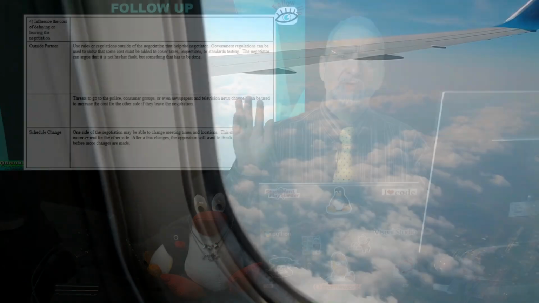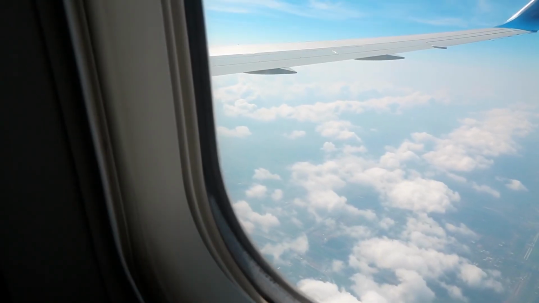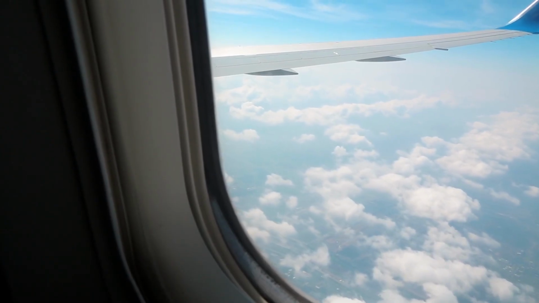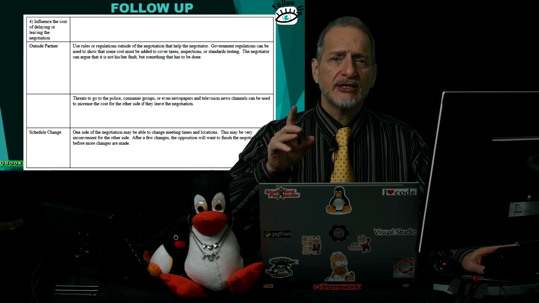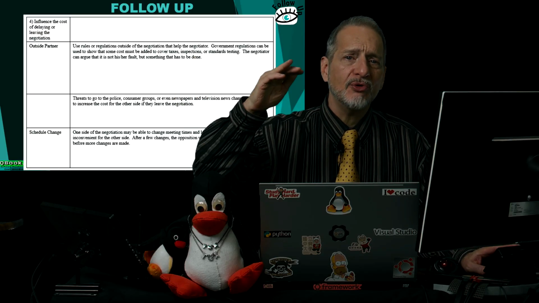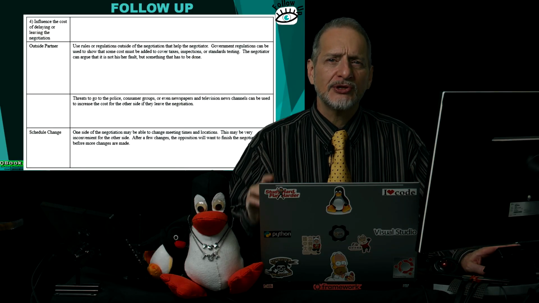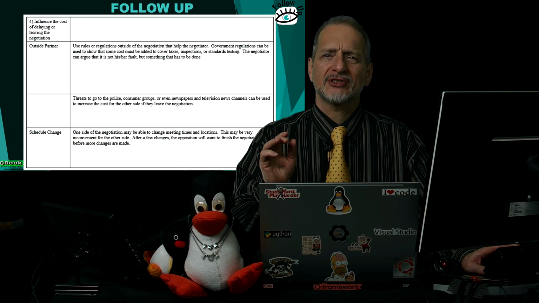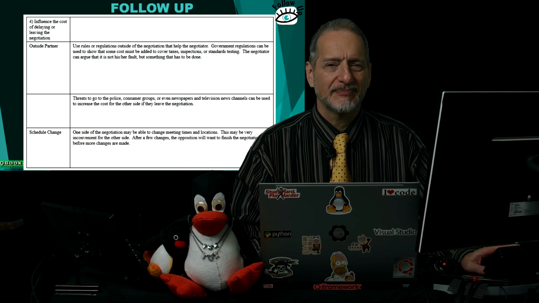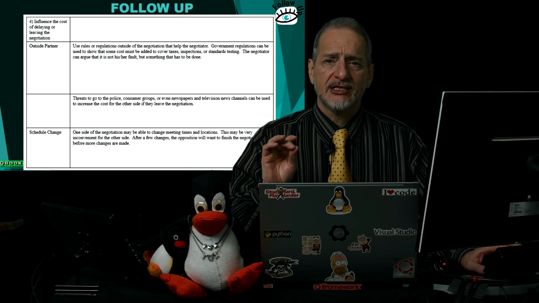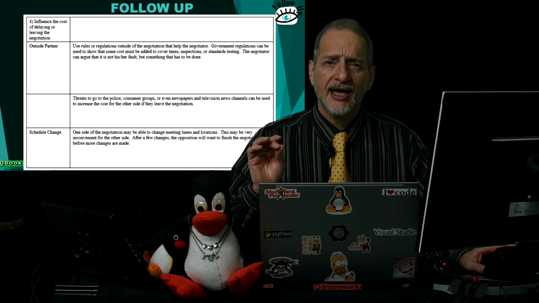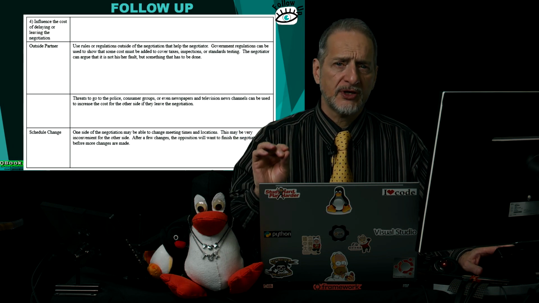Or maybe the other team is flying in on an airplane and they fly for 12 hours on a flight. Then you schedule the meeting for early in the morning the next day, so they only get a few hours of sleep. You can schedule things or change schedules to make the other side tired and frustrated.